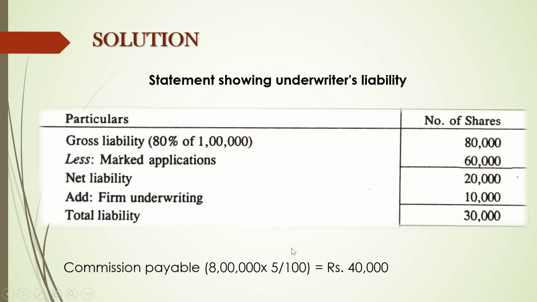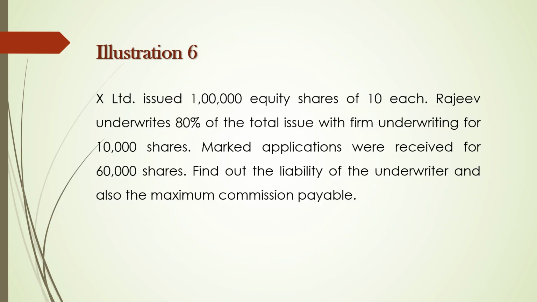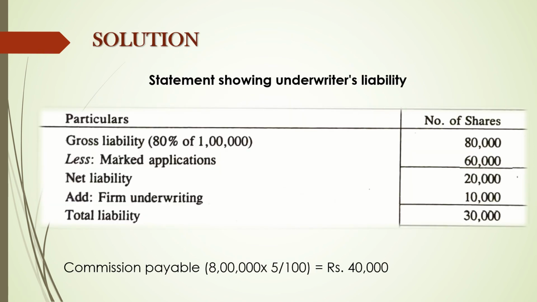Now we also require to calculate the maximum commission payable to the underwriter. As we discussed earlier, commission should be calculated on the issue price. Total 80,000 shares were taken over by Mr. Rajiv. What is the issue price? Rupees 10 per share. So 80,000 into 10 is 8 lakh.